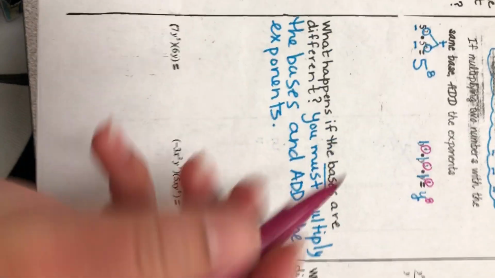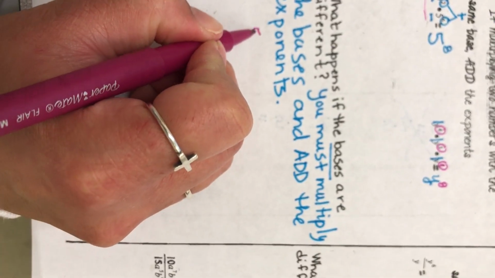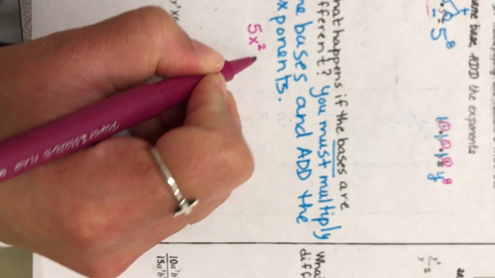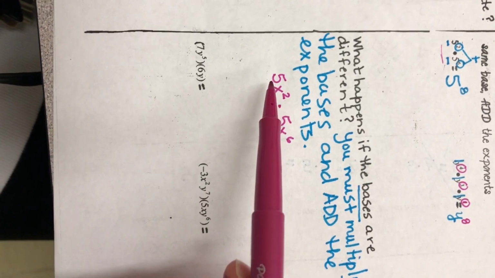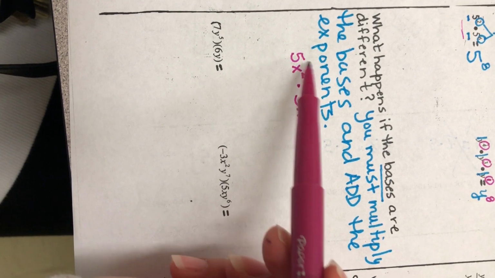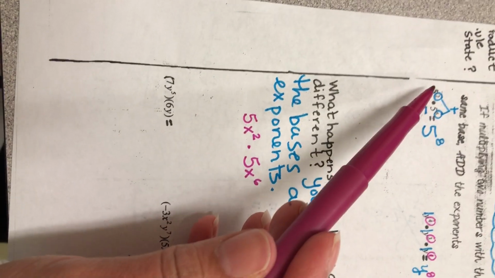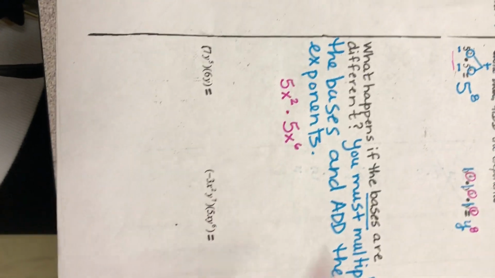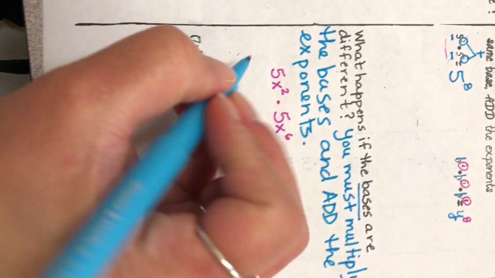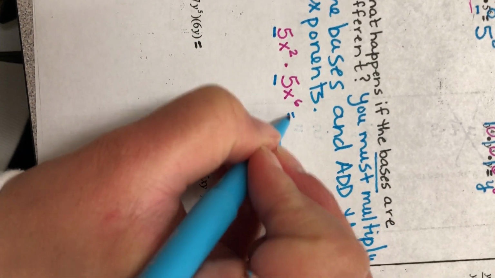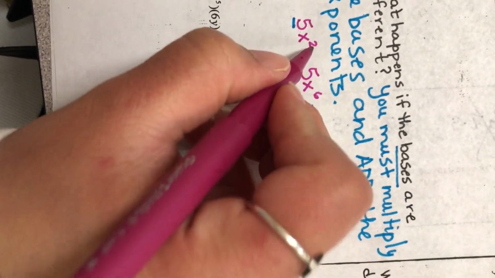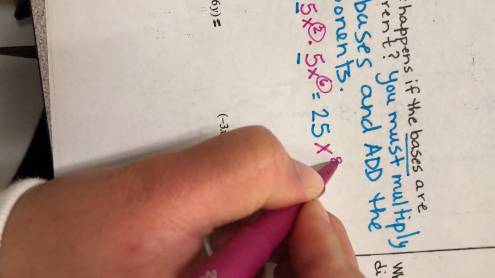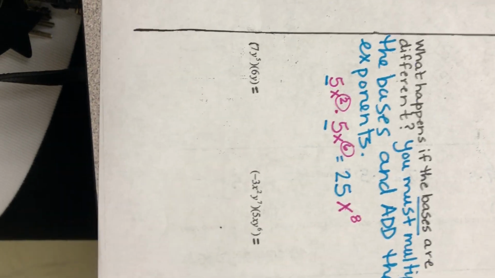For example, if I gave you the same problem, but I add a variable to it, like 5x squared times 5x to the 6, well, that changes everything. A lot of students might want to be like, oh, well, the bases are the same. Well, no. You see how that little 2 was next to the 5, so that's why we kept it the same here. Since we have variables, we got to follow this rule. Multiply your big numbers, so 5 times 5 is 25, and put the x, and add your little ones, 8. So there's the answer there.